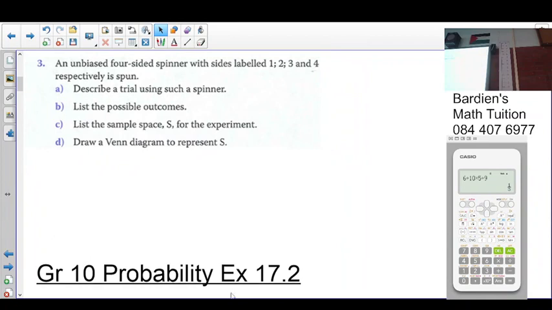If it says unbiased, again it is fair. It's a fair spinner. That means it's equally likely to land on any one of those four numbers. Describe a trial using such a spinner.